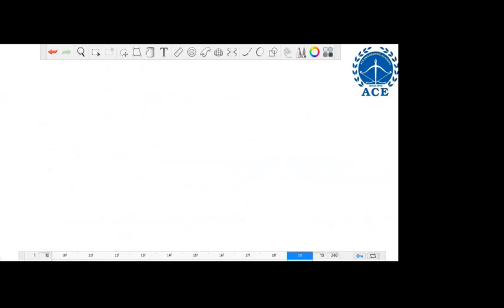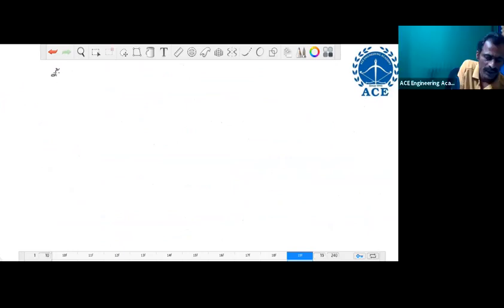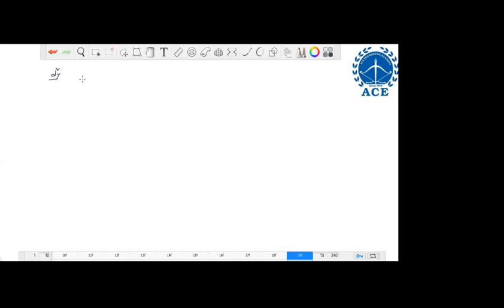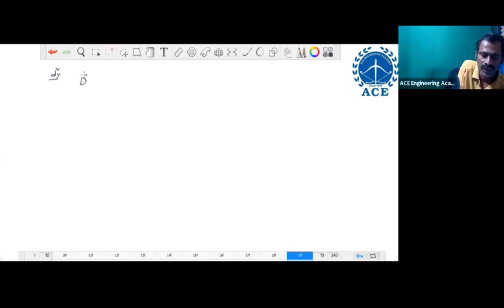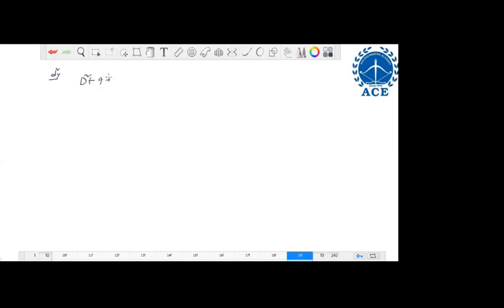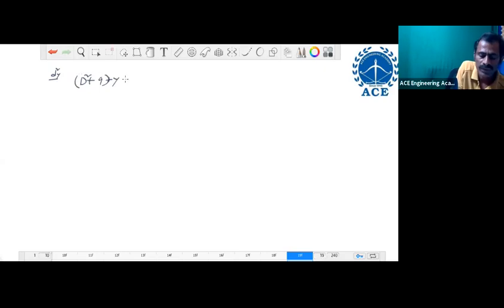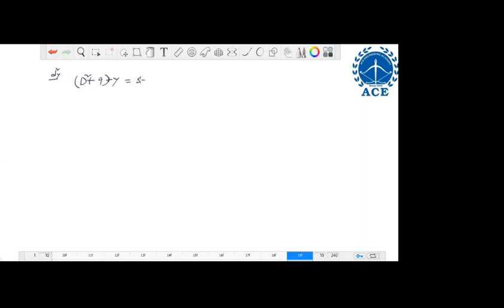D square plus 9, the whole bracket y, is equal to sec 3x, secant 3x. That D is the operator.